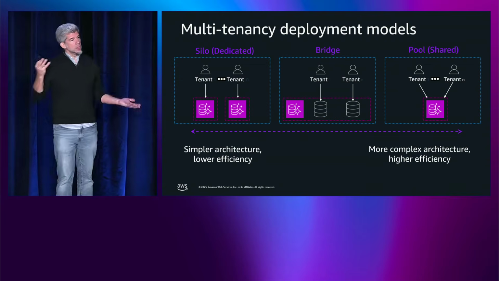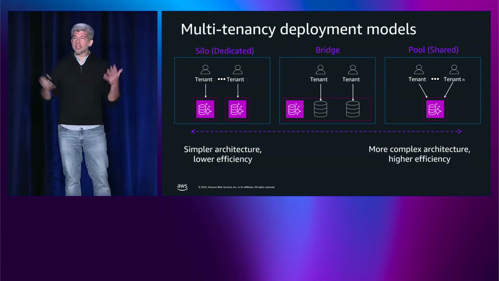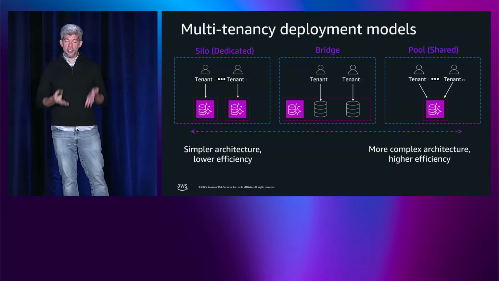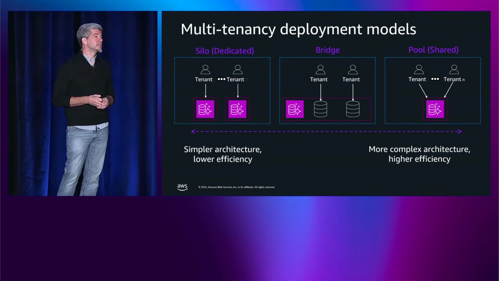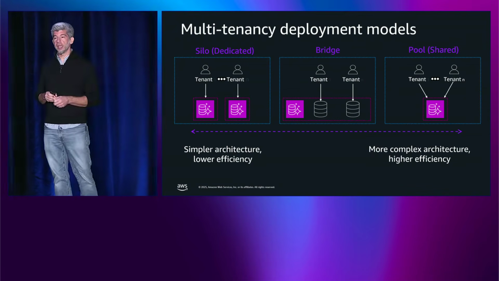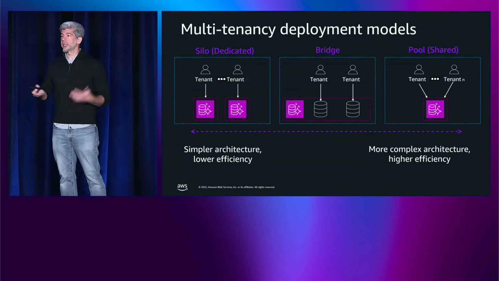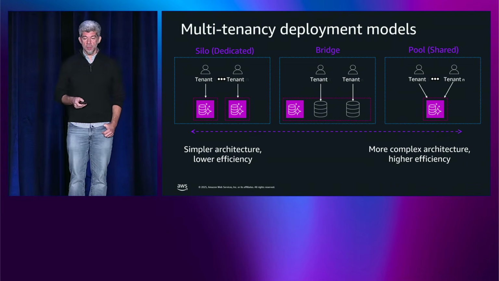And these trade-offs all become in sort of different flavors because you won't necessarily make a clean choice between these two. You might just not have a completely siloed or pooled architecture. You might have a hybrid or bridge architecture, where perhaps one piece is completely shared, other pieces are completely dedicated. Even all the way down to a workload by workload decision, you might be deciding, is this a pooled solution or is this a completely siloed solution?